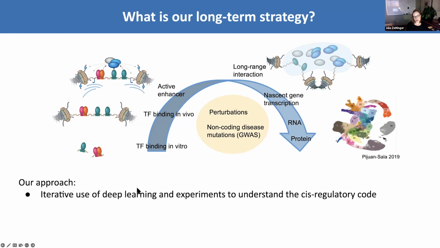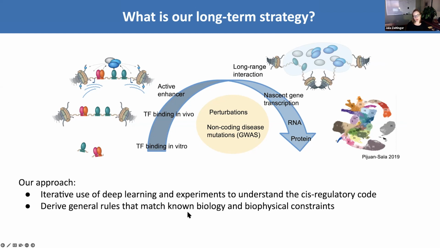So currently what we're doing is using deep learning combined with experiments to really derive rules, with the goal of matching these rules to known biology. In the case of, say, directional cooperativity, there may be chromatin accessibility, or we've seen motif affinities we can extract from the model. So we're seeing biophysical constraints, and we're really extending that to other questions.